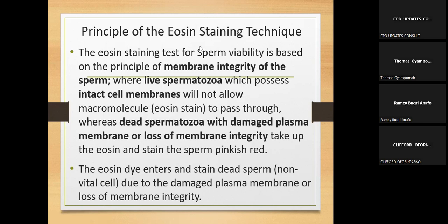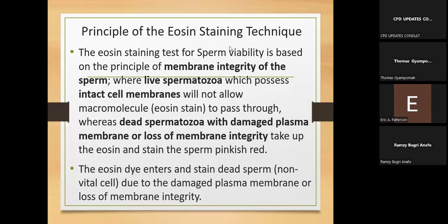What is your conclusion? A dead cell. Yes, they are dead. Because if they were not dead, and since eosin is not a vital stain that has the capacity to force itself into a living cell, then it means that the sperm is dead. That's why the eosin is able to now go and stain it. So thank you. Yes, Ramsey.